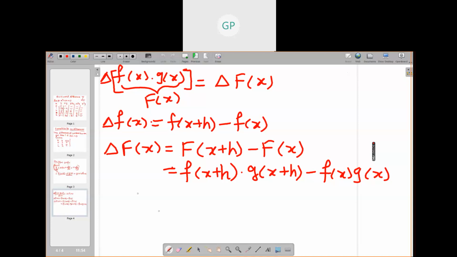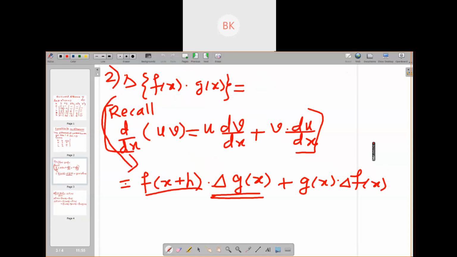Yes, ma'am. Can you see? So see, we have to reach this result. This is f(x+h) into delta g(x). And delta g(x) is what? Delta g(x) is nothing but g(x+h) minus g(x), right? g(x+h) minus g(x).